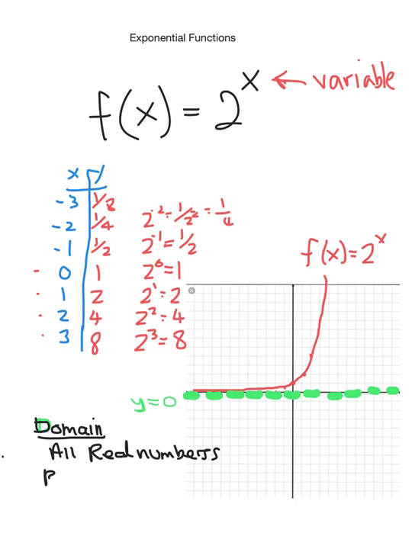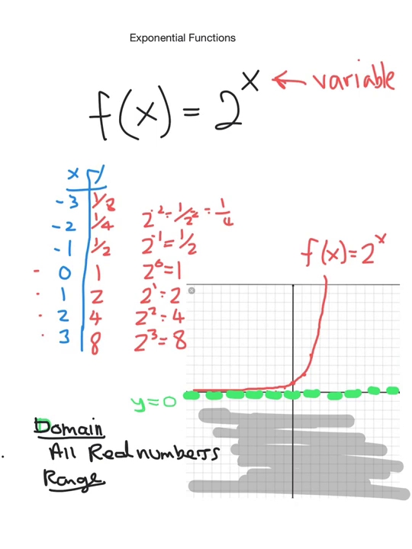The range, slightly different, is going to be, well, let's have a look at what the minimum y value is. Does it get to the green line of 0? No, it doesn't. So therefore 0 is not included, and all these values down here of y are not used.